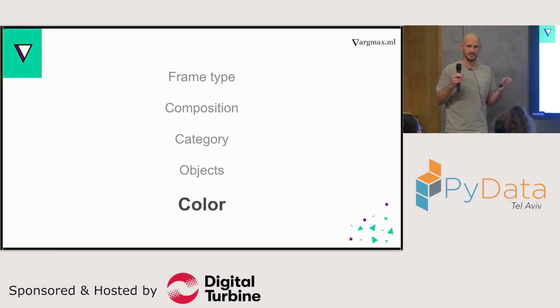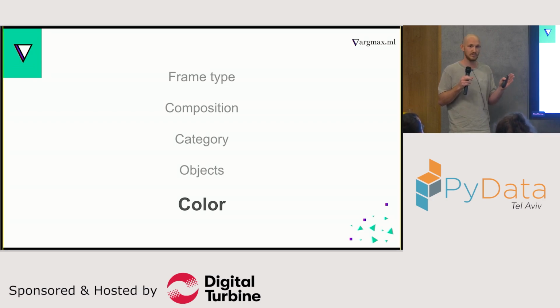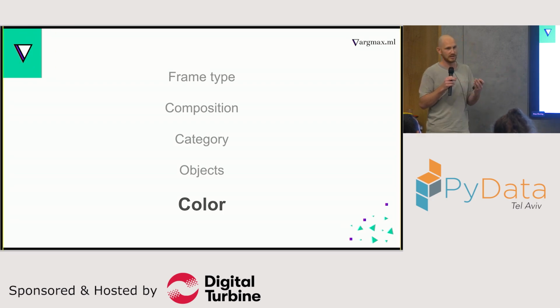The composition, like the rule of thirds: whether it's on the left side or the right side. The category, like animals: if each of the personalized recommendations is an animal, each footage is beautiful by itself, but we can't show them all together because the diversification of such a feed is going to be boring. And the object inside: an animal, a plane, just a landscape.